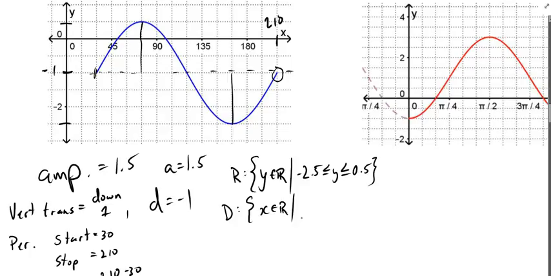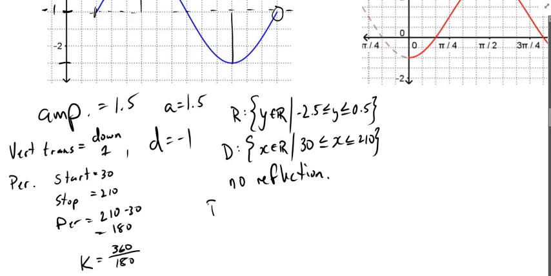So domain of one cycle, it asks, I believe, right? So 30, because it's periodic, so it goes on forever, and you could do other cycles, but we're just going to do this basic one that we already found. From the start to the stop. Not reflected. Again, we've already thought about that with our A value.